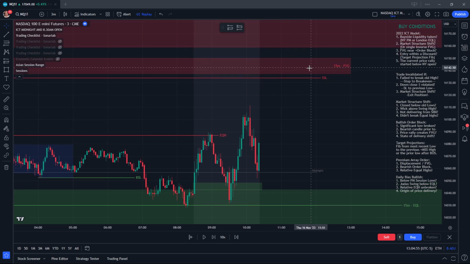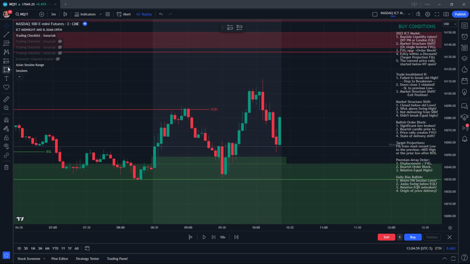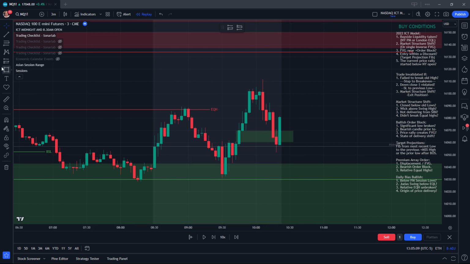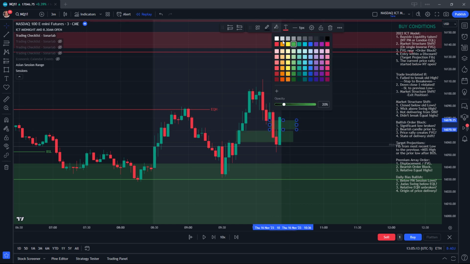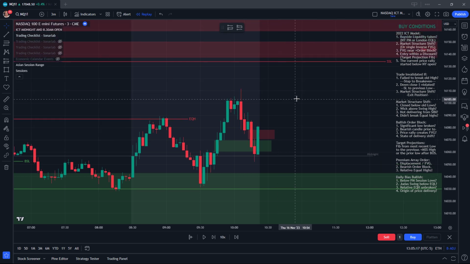So now I kind of feel like we've seen price respect this fair value gap. It's also closed above an inversion fair value gap.